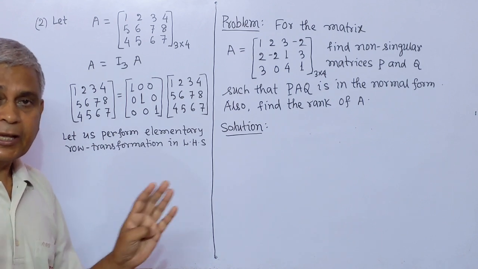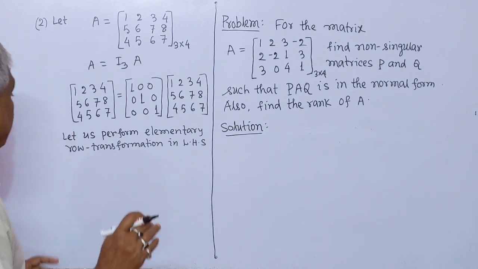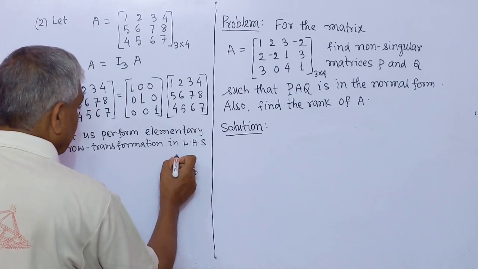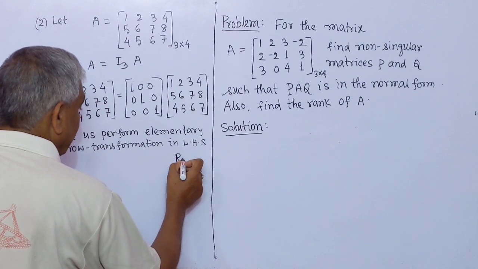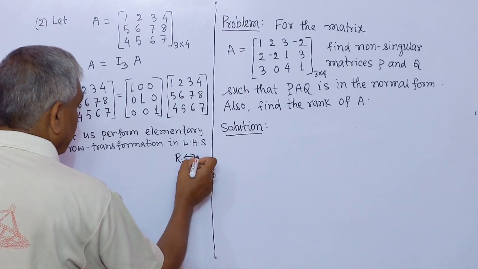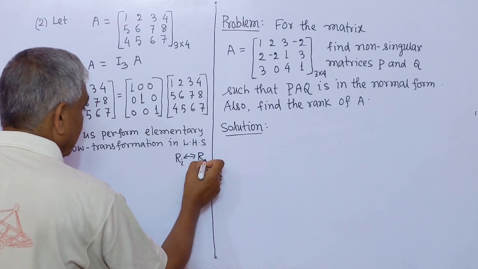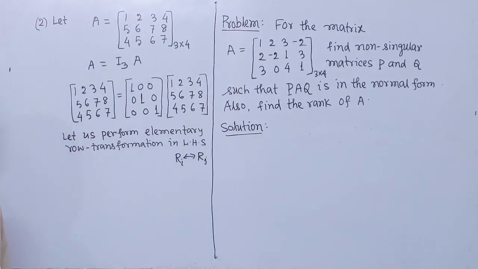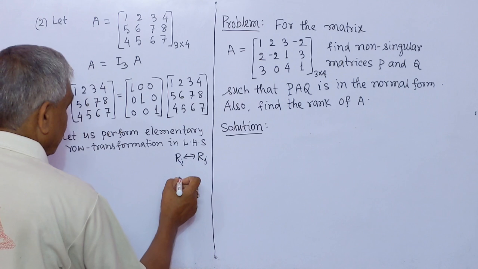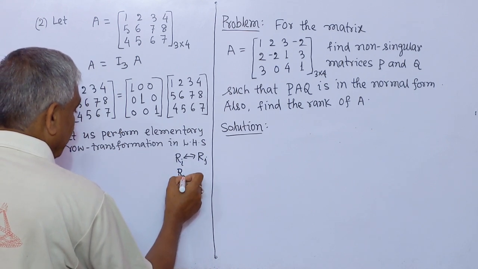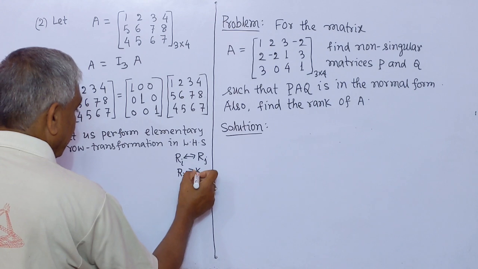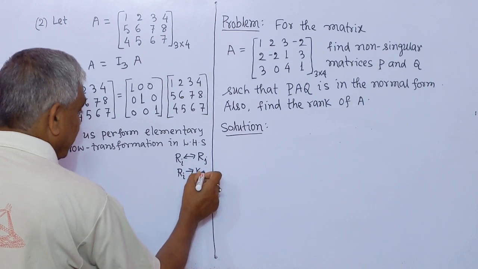We have 3 types of row transformation. Number 1 is mutual interchange of rows Ri, Rj. Next is multiplying each element of any row by a non-zero number k.